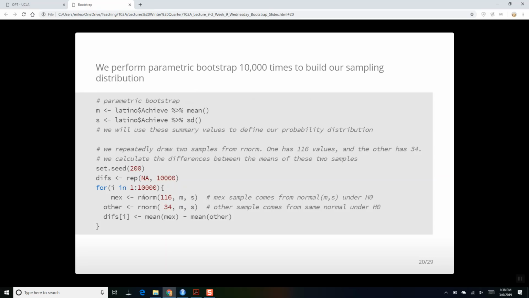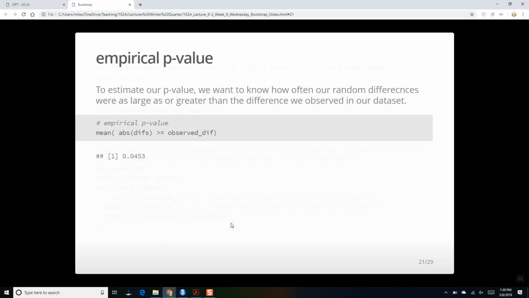You guys are taking 100B right now or something. If you have two normally distributed random variables, the difference between them will also be normally distributed with a mean of mu A minus mu B and a variance of variance A plus variance B. So the fact that this matches up with our t-test, which makes similar distributional assumptions, is not surprising.